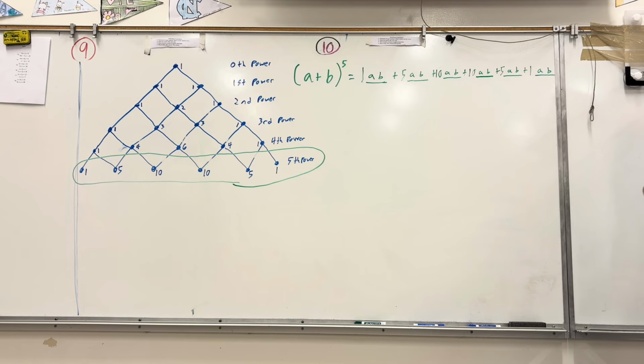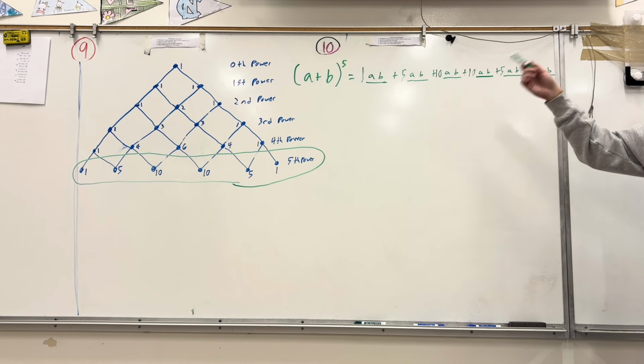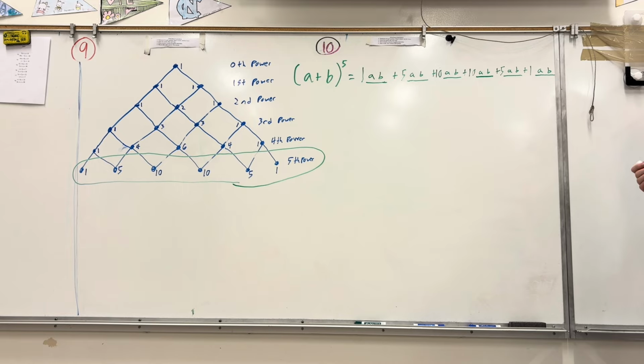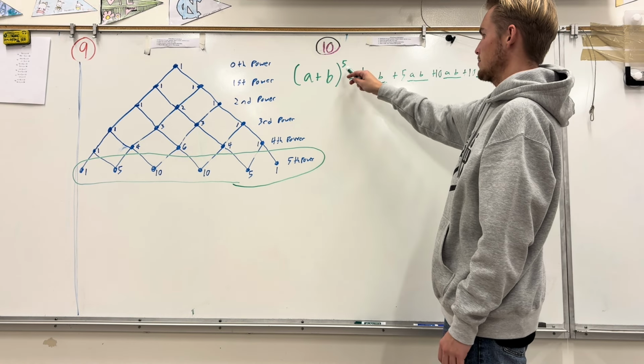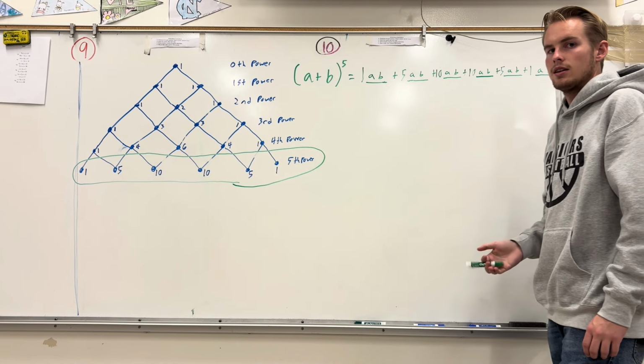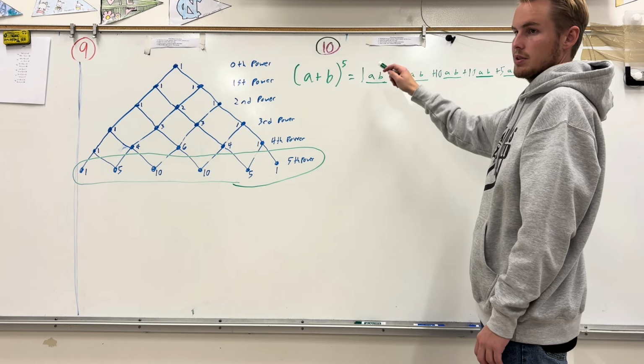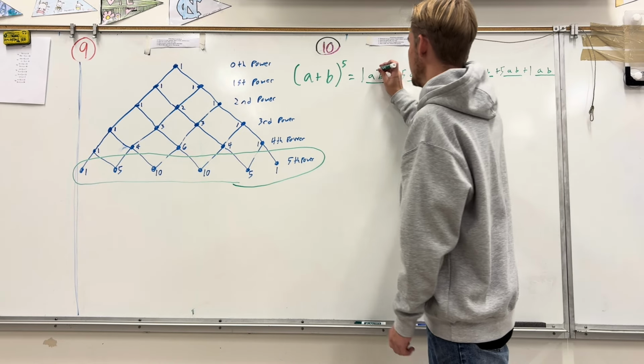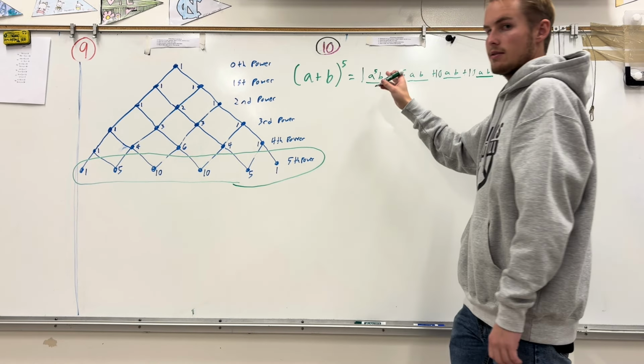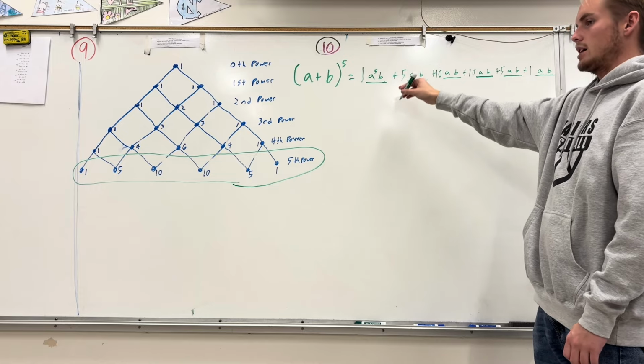We're not quite done yet. Now we're going to have to raise each of these A's and B's to different powers. How do we figure that out? Well, you're looking once again at this power up here, which is a 5. That tells us that the power of the first term in the first blank space is going to be 5. So the first A is going to be raised to the power of 5.